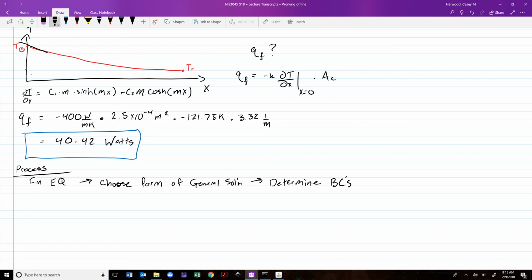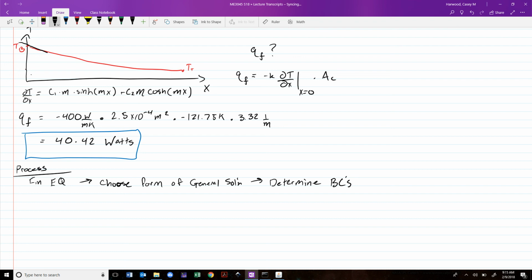If they say that the fin is really, really, really long, such that the end is at thermal equilibrium with the surrounding air, well, then you can apply the infinitely long fin approach. All right, so these are all things that come with practice.